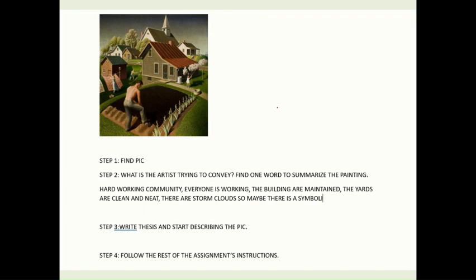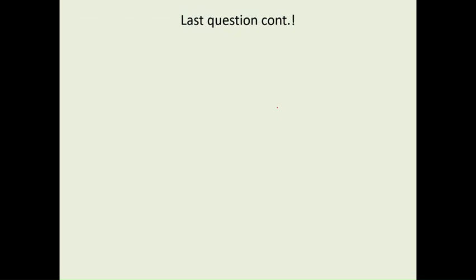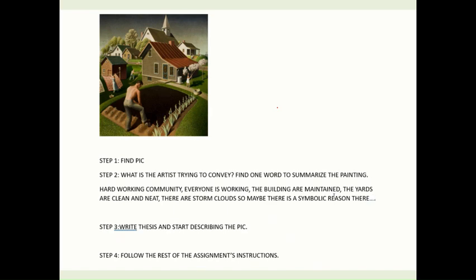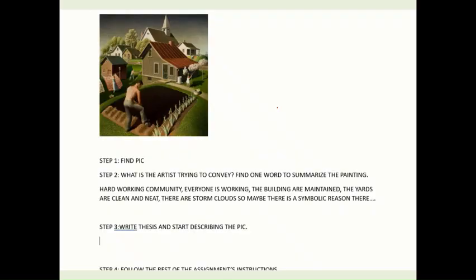It's a community. So I would definitely say maybe this picture represents community. You can go into the type of community. Okay. So once you identify that, then you want to start writing your thesis statement.